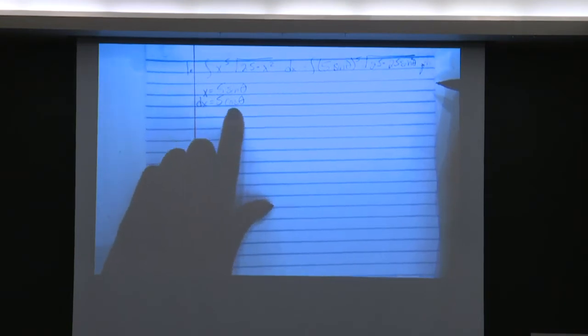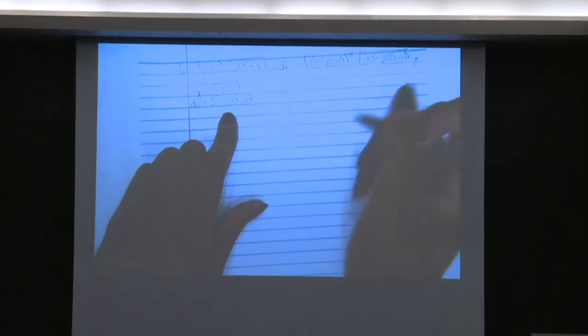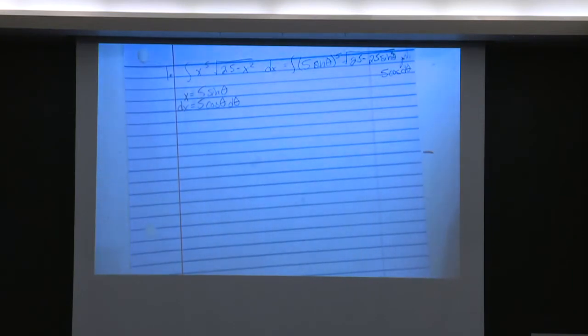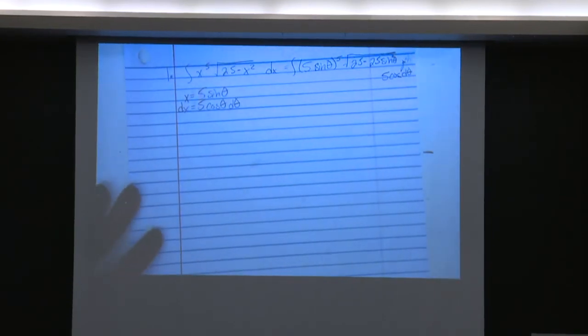No questions so far? In here, we replace our dx, sorry, I forgot a d theta, with our 5 cosine theta d theta. I ran out of room, so I'm just going to write it down here. And now we have our equation in terms of theta, so we can evaluate it, okay?